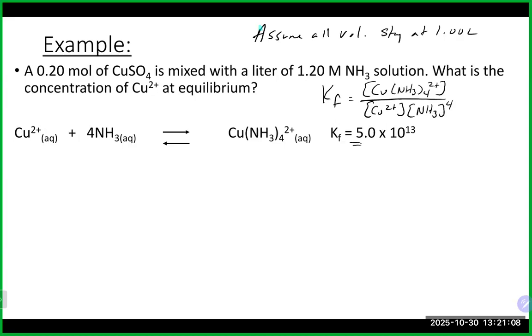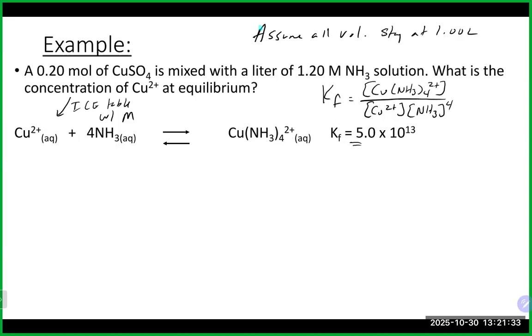We are going to do an ice table here with molarity. And typically speaking, it is probably the best course of action to do this ice table with molarity. You want really the molarity of everybody once they're mixed together.